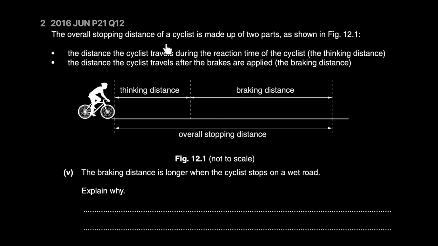The overall stopping distance of a cyclist is made up of 2 parts. The distance the cyclist travels during the reaction time. So he's supposed to stop, but he takes some time while he's moving until he hits the brakes. Now he's hitting it and he's slowing down and then he stops here, right? This is the braking distance.